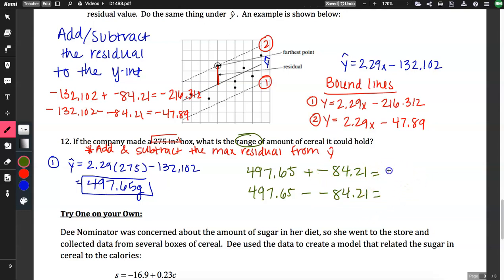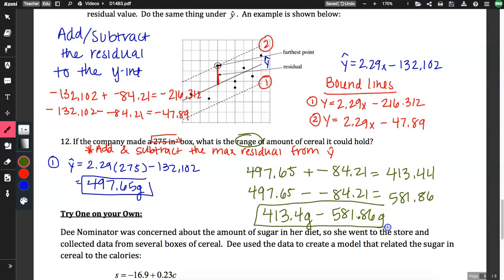For the first one, I would get 413.44. The next one, I got 581.86. So my range is 413.4 grams up to 581.86 grams. This last part isn't a subtraction problem, it's a range.